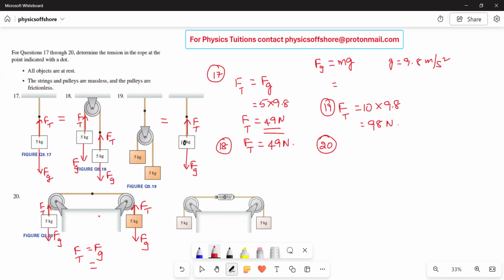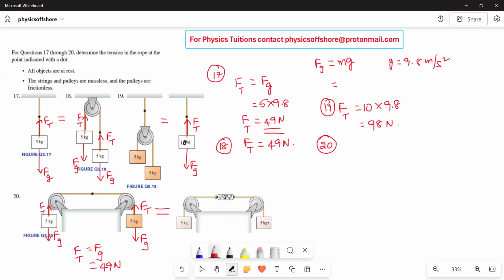Generally, people will ask this question like this. They keep a spring balance here and ask what the reading in the spring balance is. The spring balance measures the tension force. The tension force is whatever the weight on one side is, that's all, because the other side is based on Newton's third law, action-reaction forces.